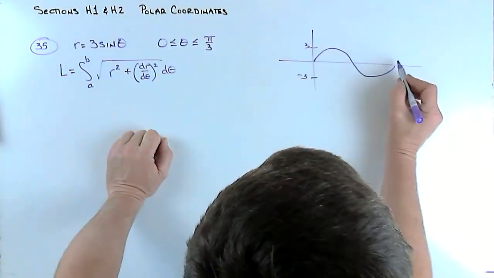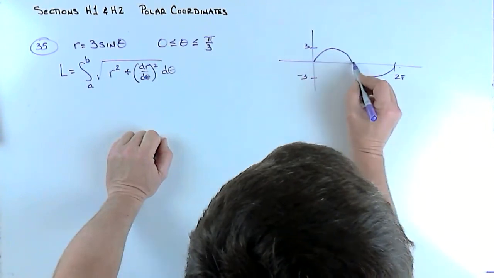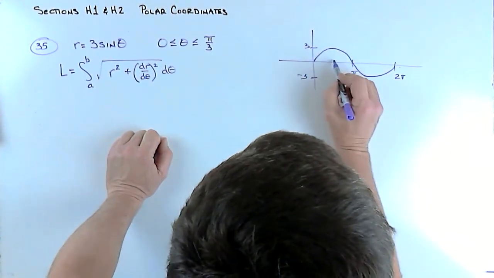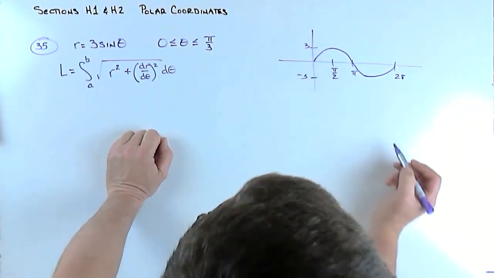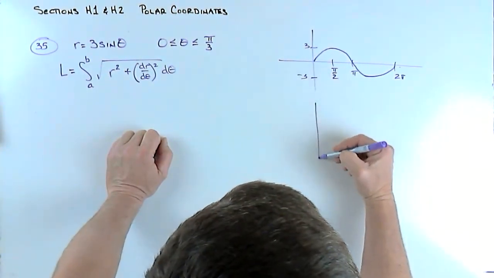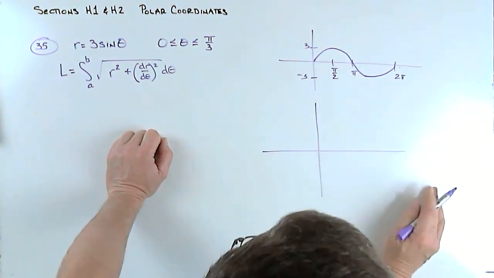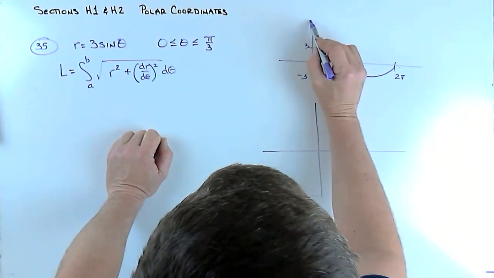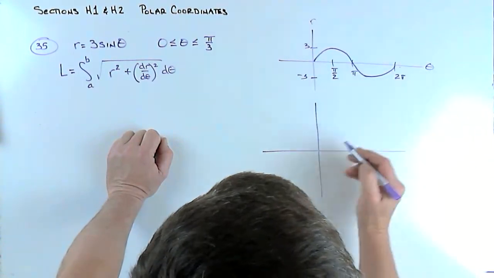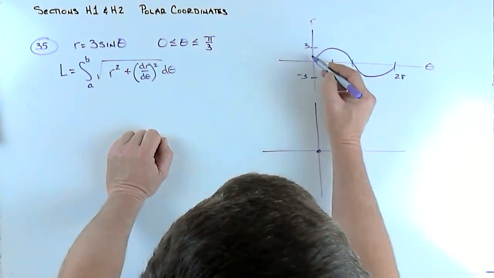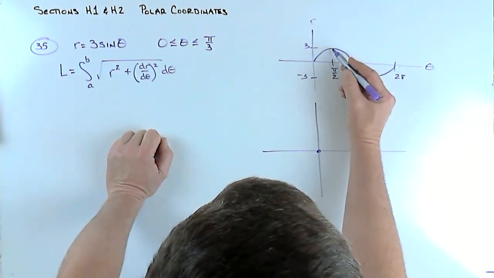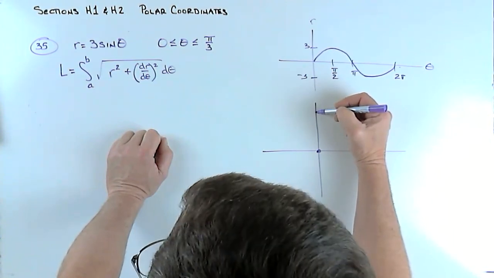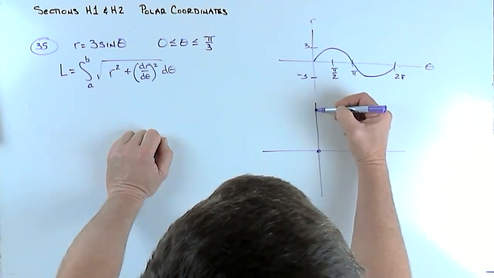So we know if this is regular sine, this is 2 pi, this is pi over 2 right here. So if we were to redraw this in polar form, our r is here. Remember, this is r and this is theta. So we're at 0, 0 right here. R is 0, theta 0. By the time we get to pi over 2, which is here, we have extended out to 3.